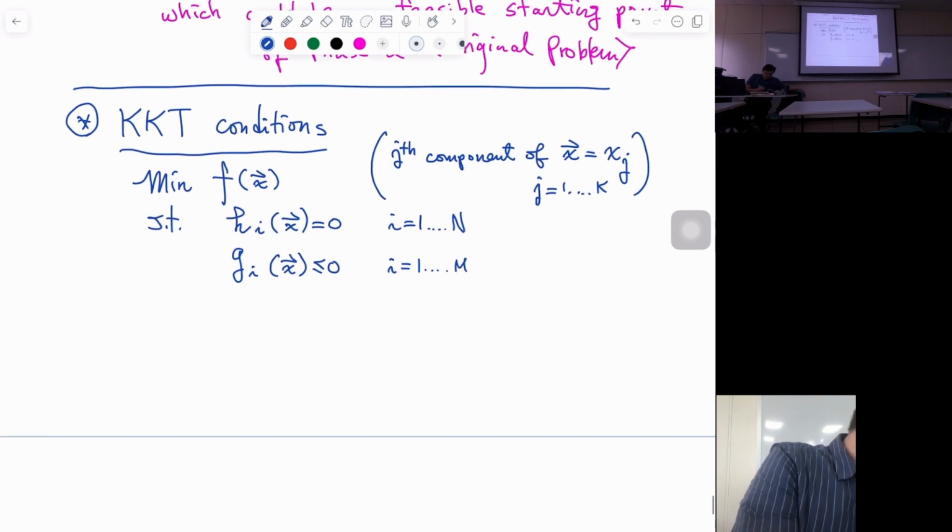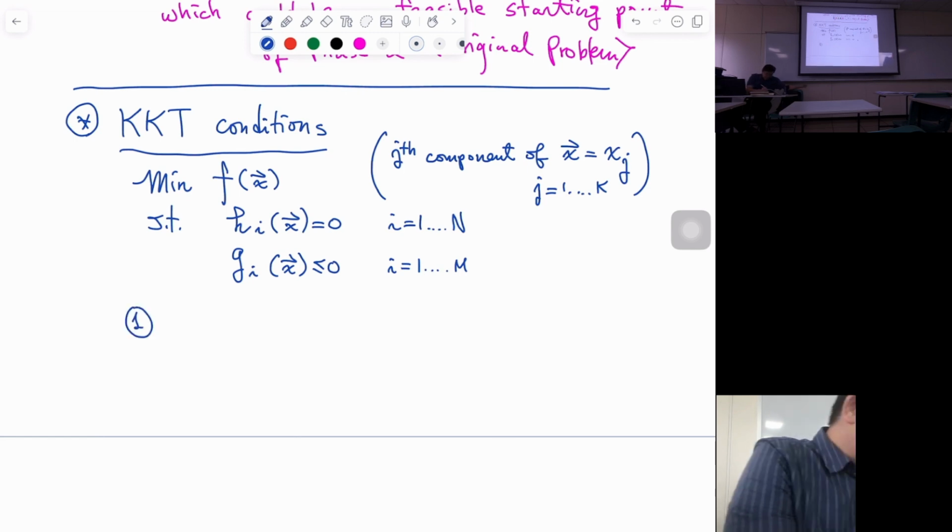Okay, so there are three equations to be satisfied. If we can find a solution point that satisfies all three equations, then we are confident it should be the minimum, at least local minimum.